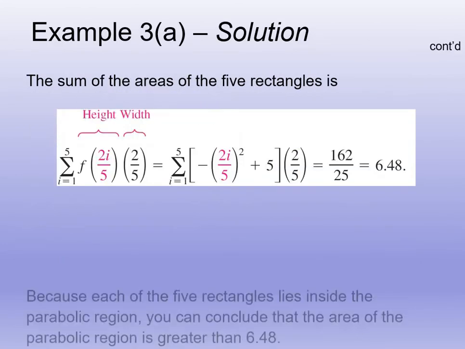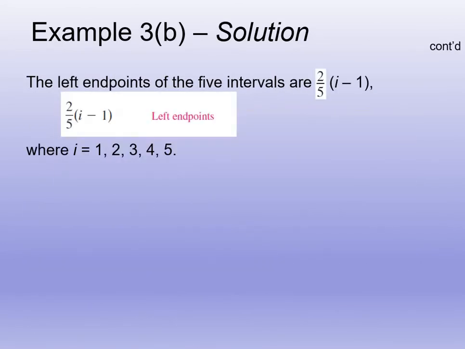All right, so let's move forward here. The left endpoints are going to be 2/5 times i minus 1, because everything's shifting and we're using left endpoints now. So we're going to evaluate when i equals 1, 2, 3, 4, and 5.